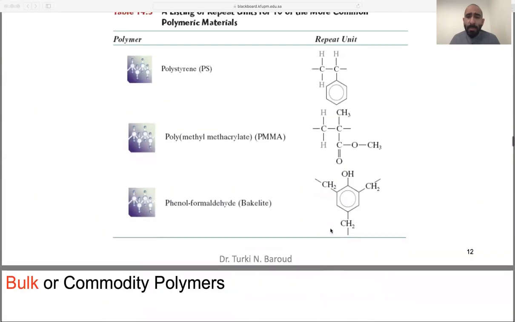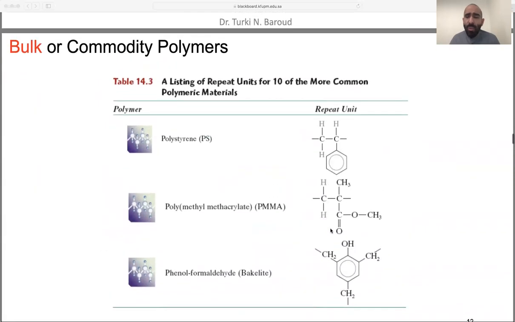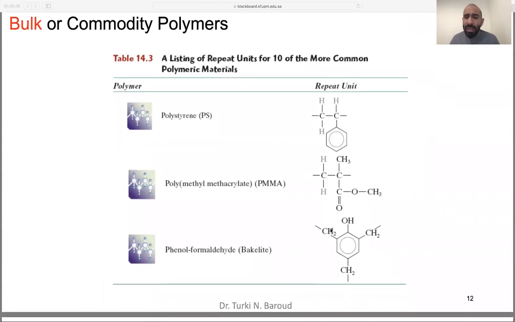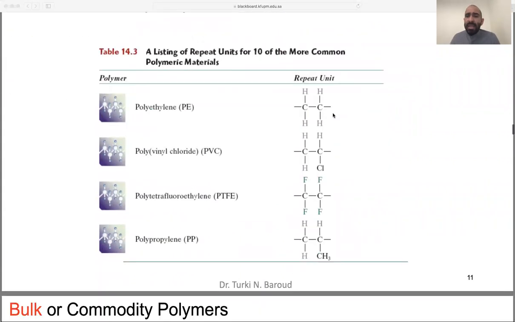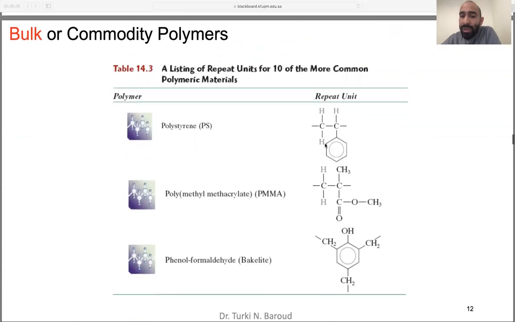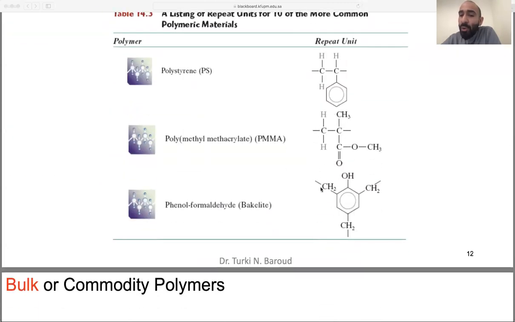Okay, great. What I would also like to point out here, as you can see in this table, is that this kind of repeated unit has only two sites for reaction, right? However, this one is called a trifunctional polymer because it has three different sites that are willing to get into reaction.